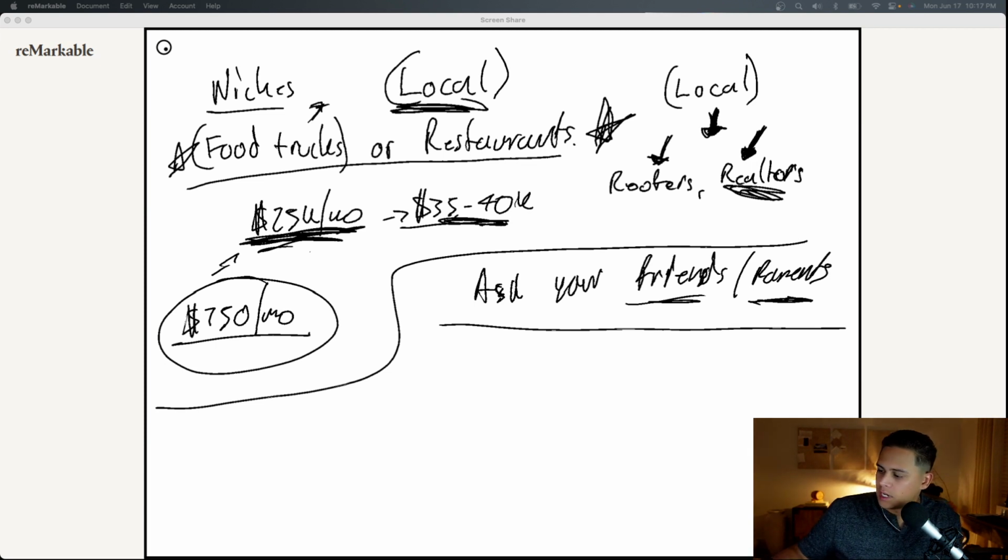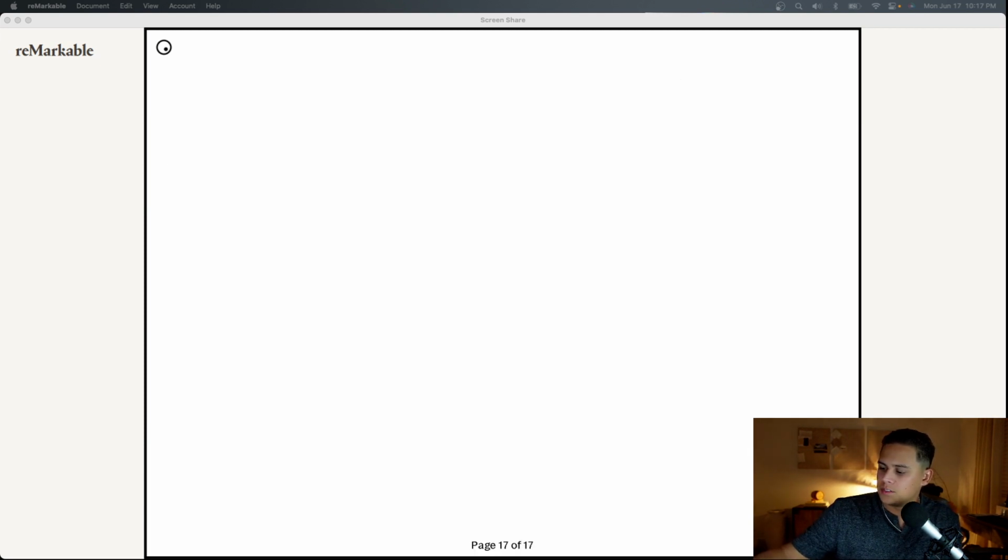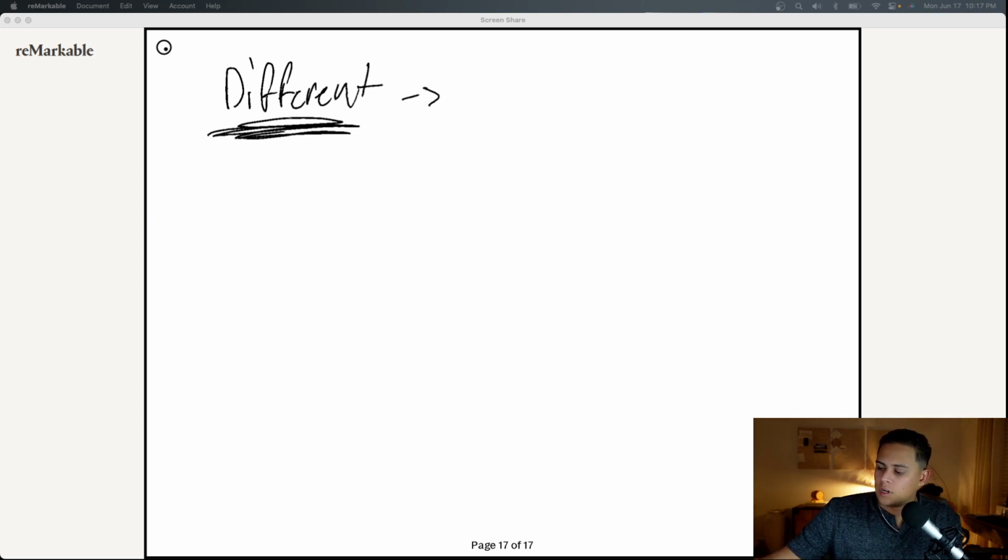So oftentimes, and this is extremely important to remember, you're going to be doing something different than what your ecosystem is used to. Ecosystem, right?